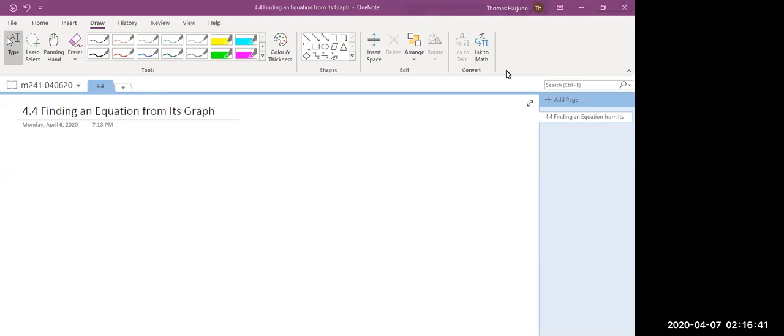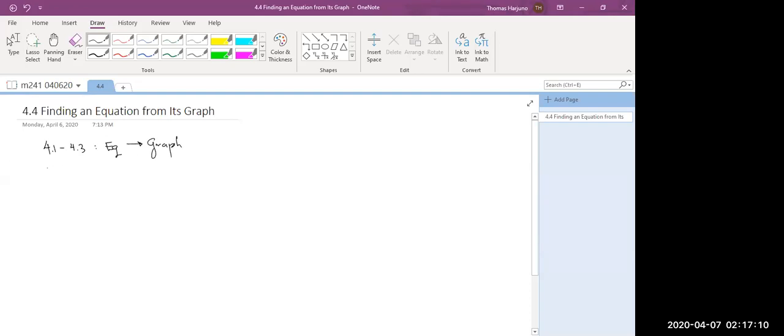Now 4.4 is supposed to be on the easy side if you already studied graphing. In 4.1 to 4.3, we start from the equation and try to graph it.